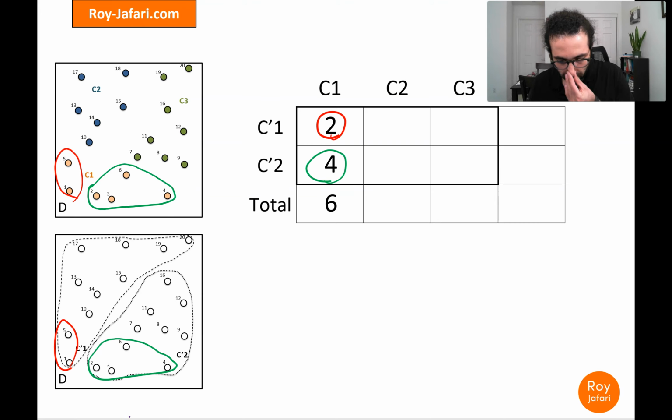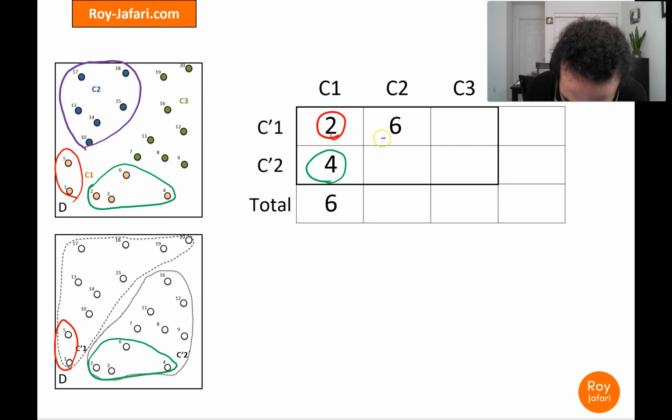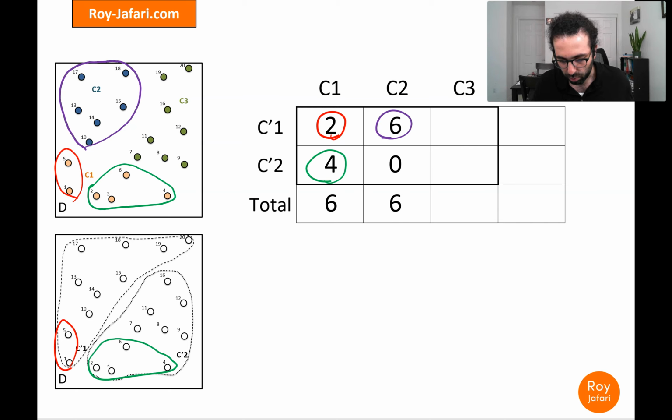And then we've got 6 that are under C'1 and under C2. So C2 is there and C'1. So these are those 6, and that is 0. So we've got 6 here as well. And under C3, let me change the color here.